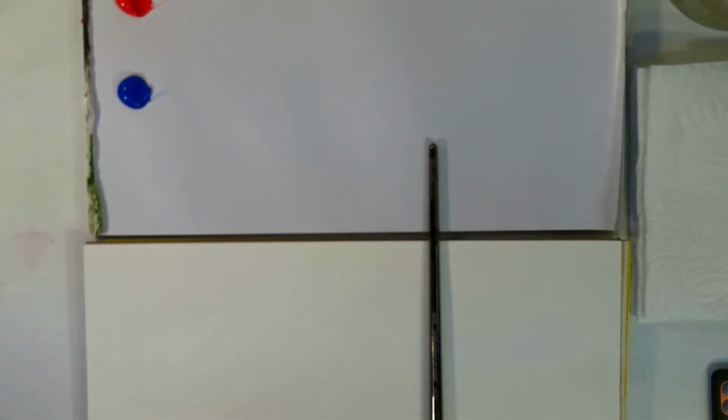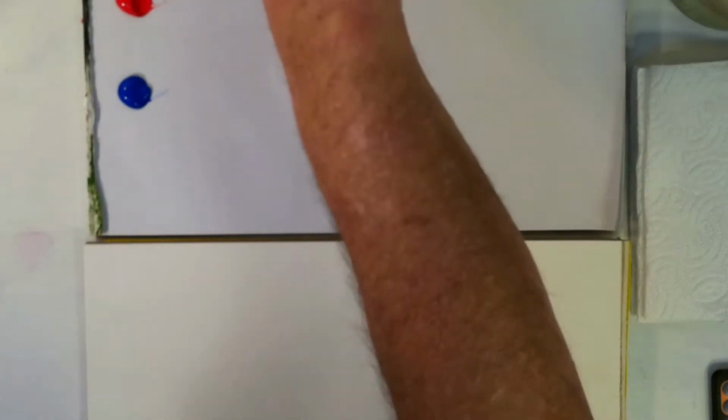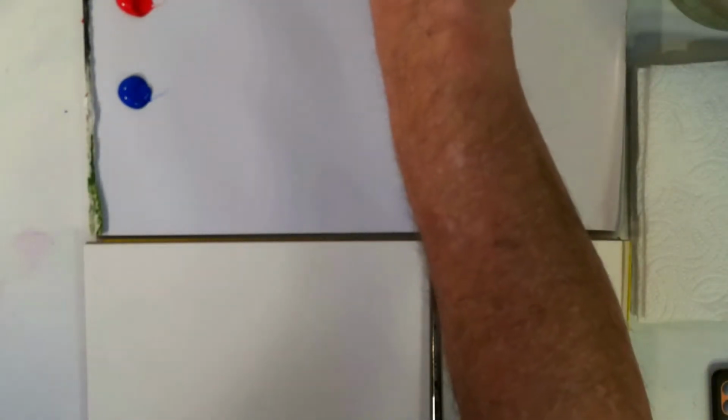So let's say we want to make the secondary colors. I'm going to go ahead and put some white up here. Not much, just a little bit. And then some black, so we can do our tints and shades.